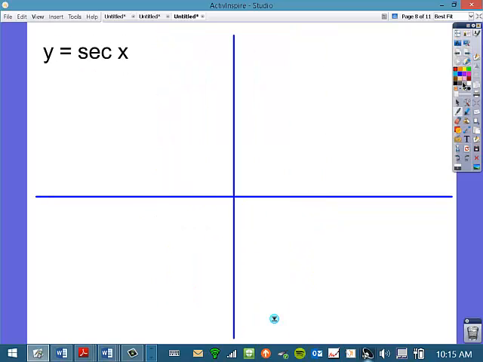Again, you start by graphing the cosine function, which has amplitude of 1, didn't shift it up or down at all, period of 2 pi, so all the pieces are pi over 2, pi, 3 pi over 2, 2 pi, and in the opposite direction.